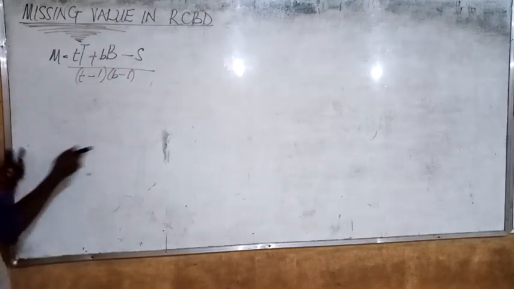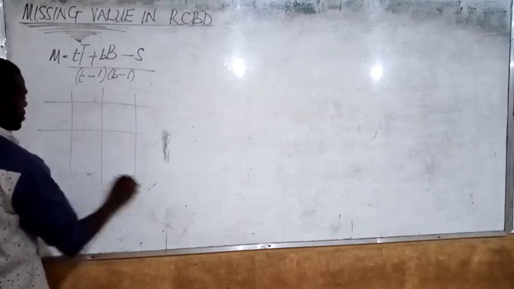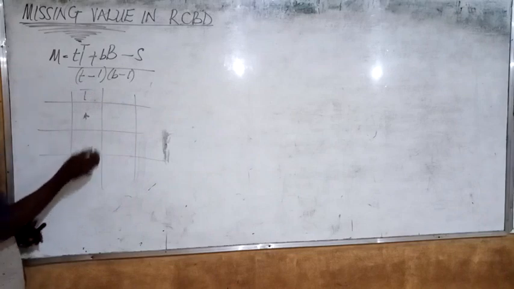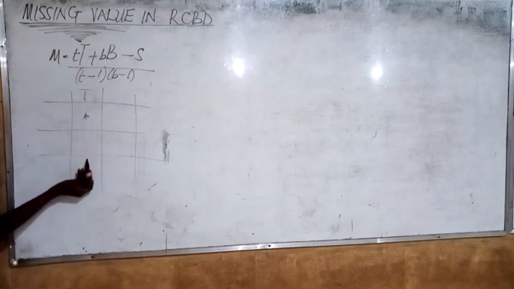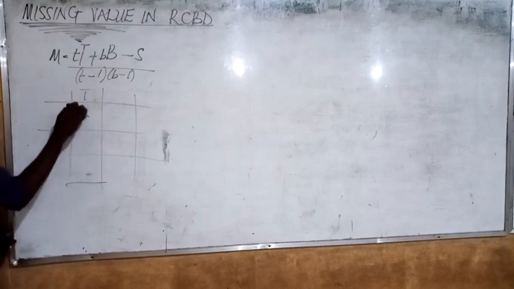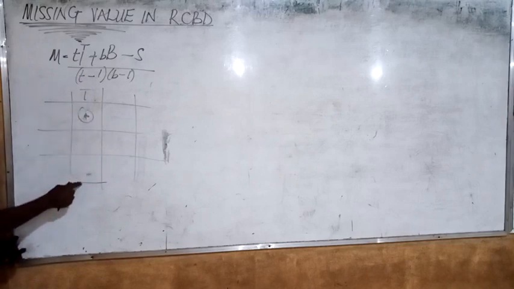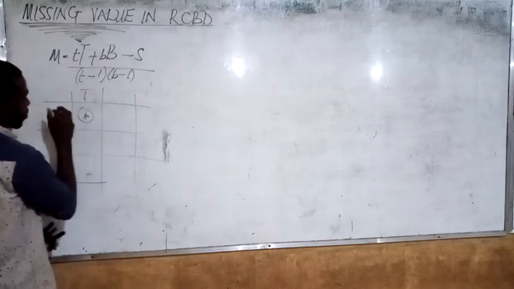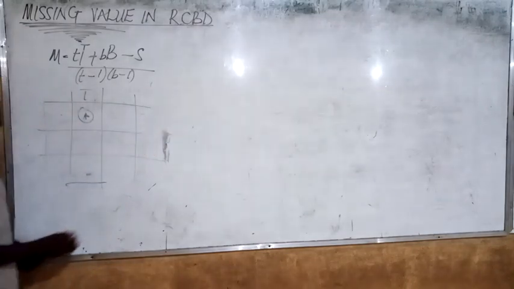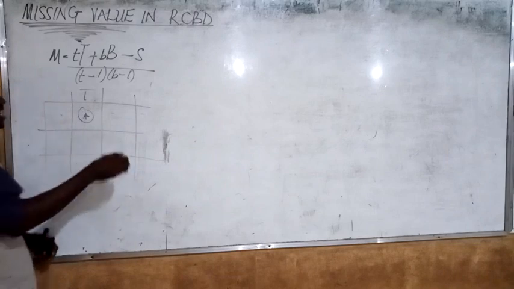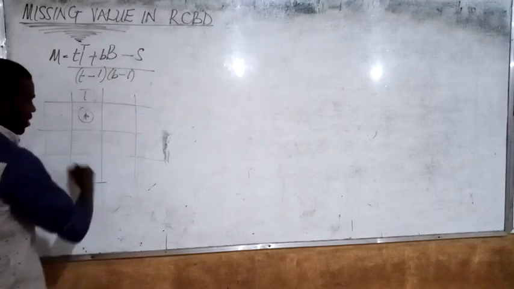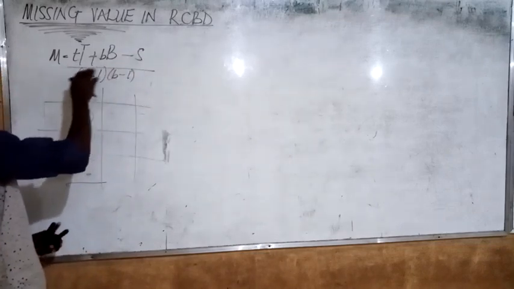So for example, if we have our catalog like this, and our missing value is here, and this is the treatment, this big T will represent the sum of the other treatments in this treatment catalog here, and the block will be the sum of these values here. Then after adding, we subtract the grand total from that multiplication and addition.